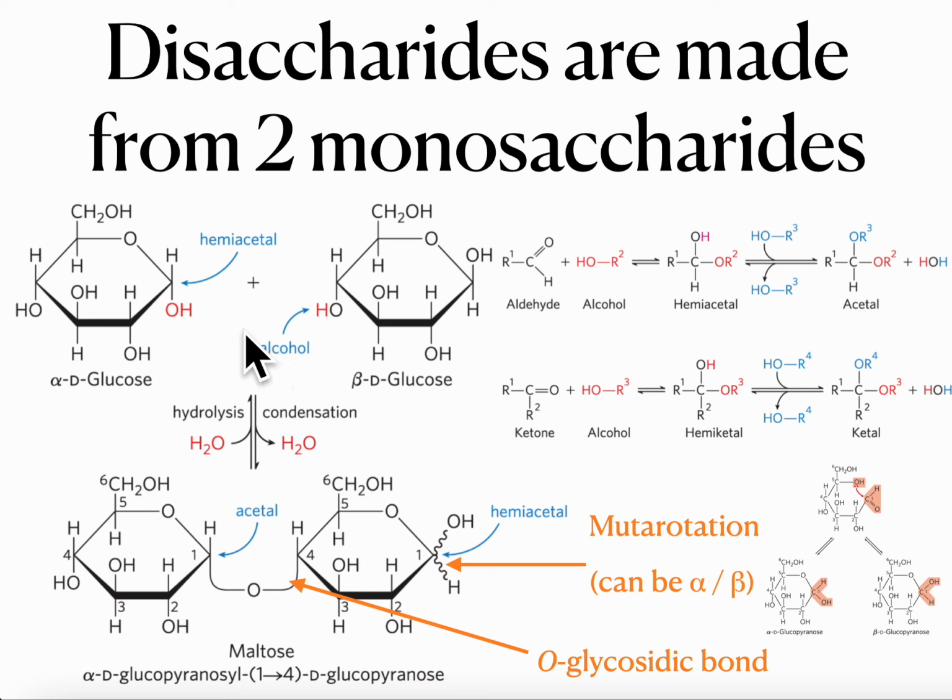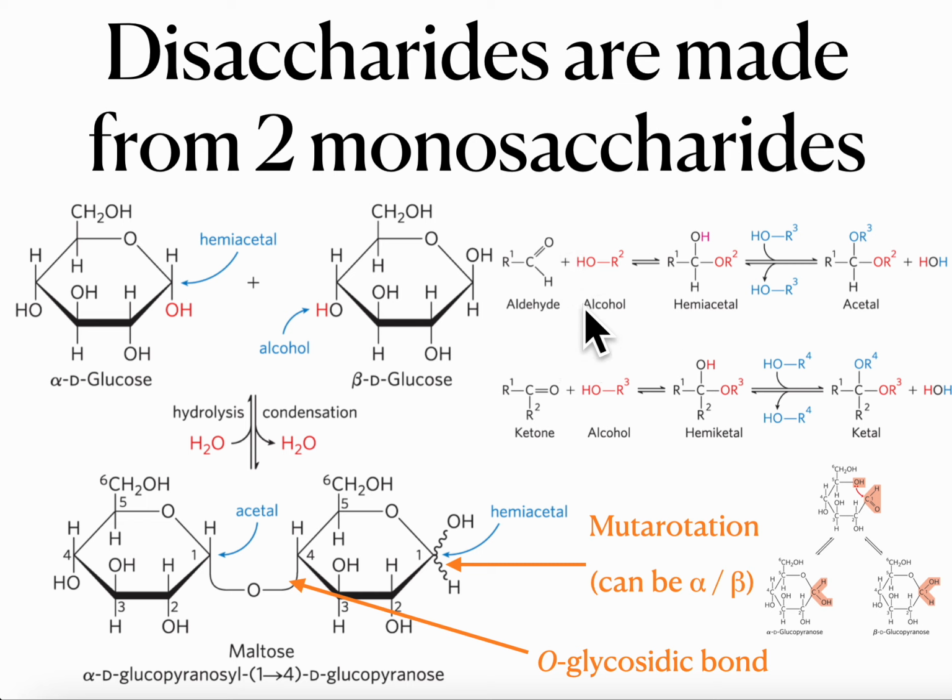So inspecting it closely, we will see that the hemiacetal anomeric carbon is being attacked by an alcohol from another glucose. Recall that in our last session on monosaccharides, we learned that the linear form of a monosaccharide can be converted to the cyclical form by attacking the aldehyde carbon with an alcohol that's from the same molecule.